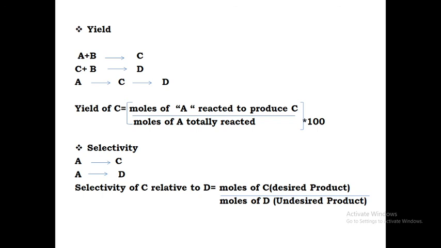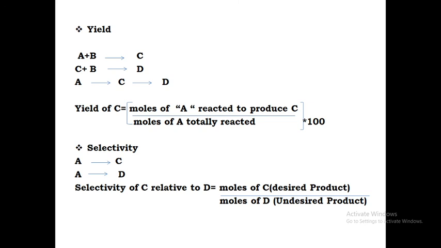A produces C, C produces D. We want to calculate the yield of intermediate product C: the moles of A reacted to produce C, divided by the moles of A totally reacted, into 100. That is the yield of C.